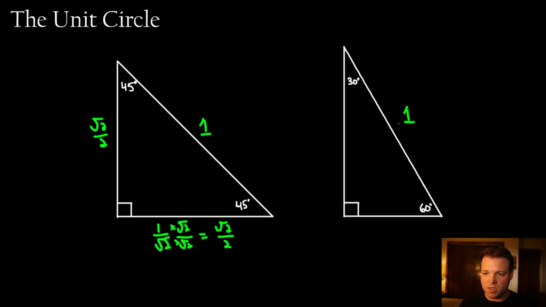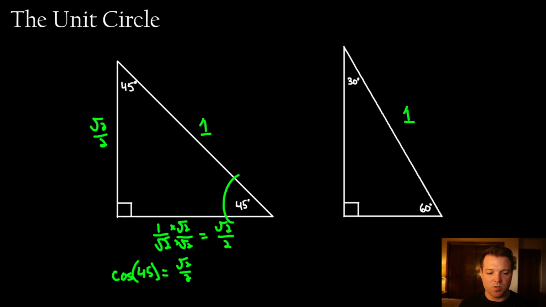And by the way, pick any one of these, but say this is my reference angle, 45 degrees. If I did the cosine of 45 degrees, well, what is that equal to? Well, that is equal to the adjacent side, which is root 2 over 2, divided by the hypotenuse of 1. So that is equal to root 2 over 2.